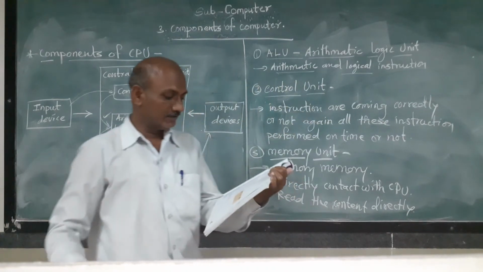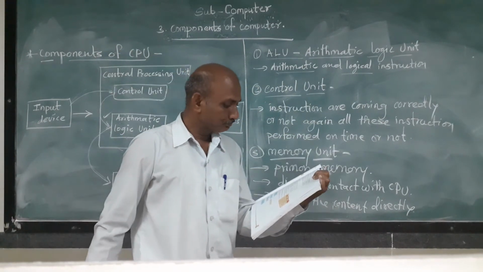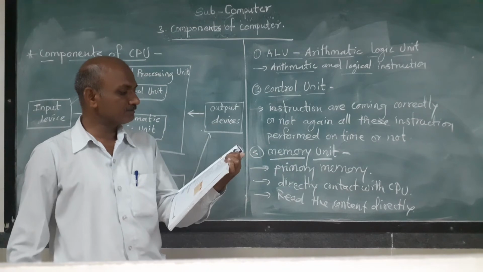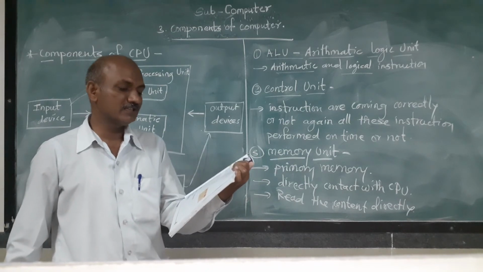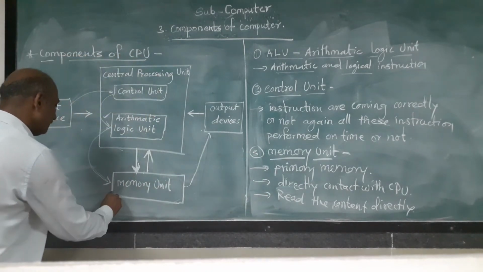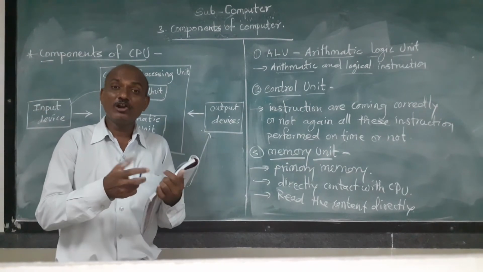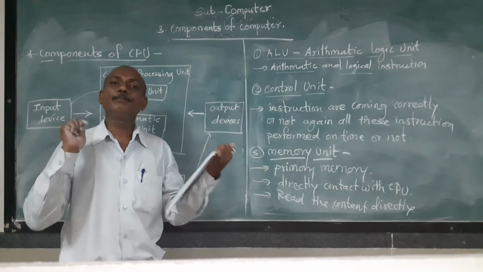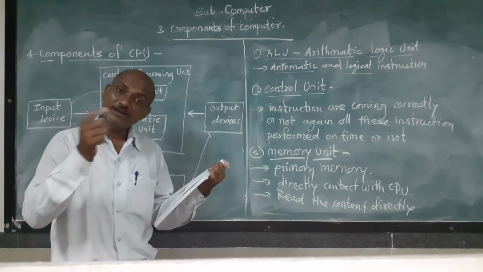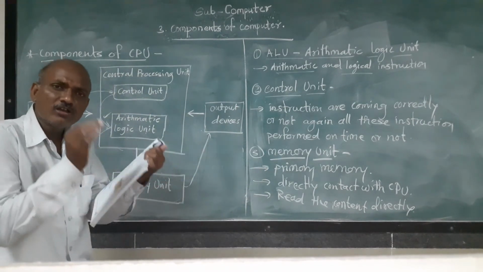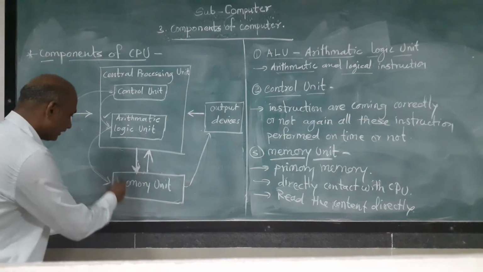Again, this memory is quite expensive and its storage capacity is limited. Expensive means what? It requires a large amount of money. That's why it is expensive, and it can store less data.